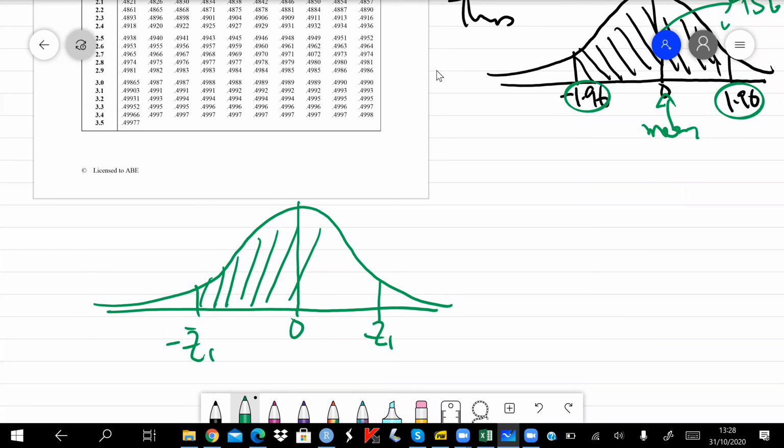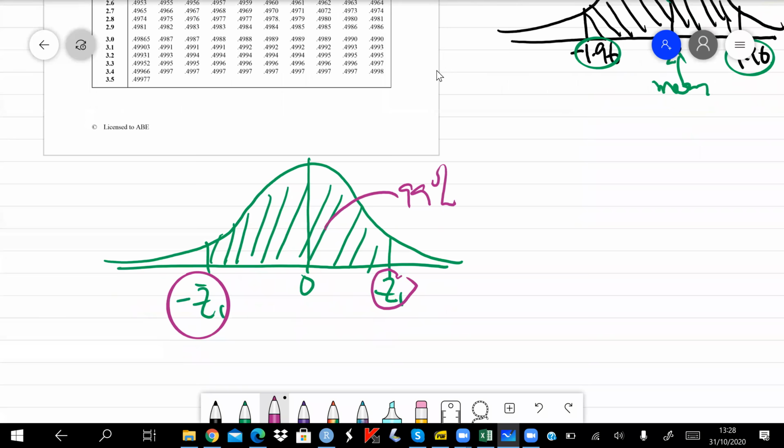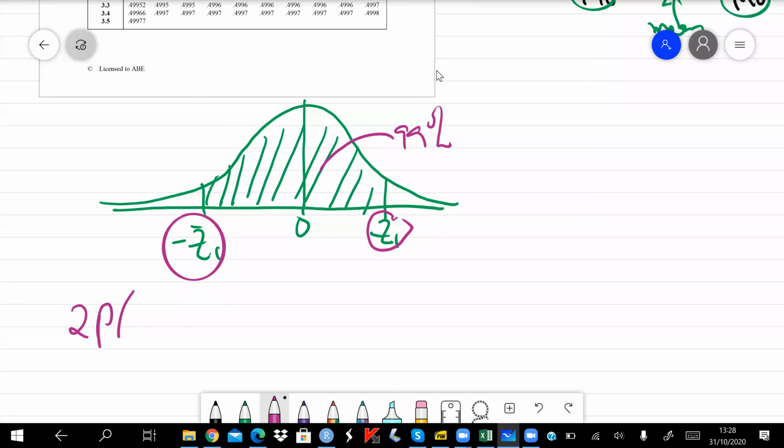Then we're saying this is 99%. So we need to calculate that value of Z. We can say that twice the probability that Z is bigger than Z1 is equal to the remaining percentage, which is 1%, which is 0.01.